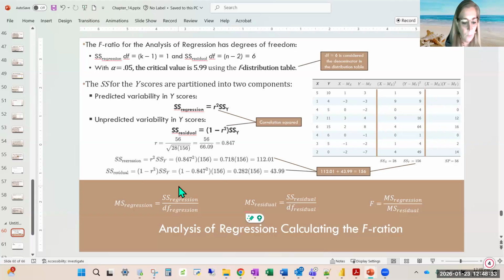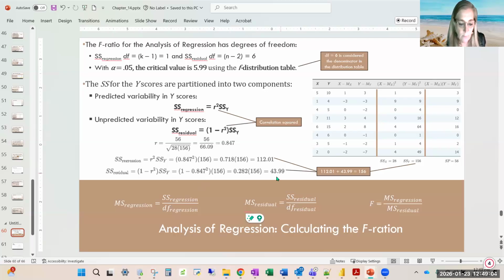Then we can calculate using these formulas. SS regression, which is the predicted variability in the Y-scores, you have R squared, and we had R squared was 0.847, and then we multiply that by the sum of squares for Y, and we come to 112.01. Then you calculate for residual.